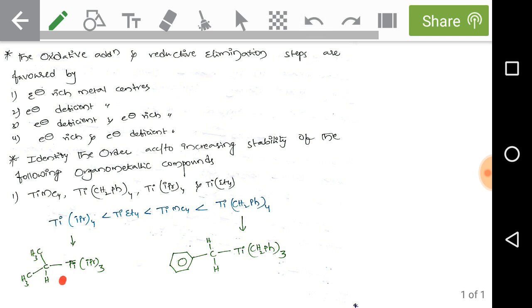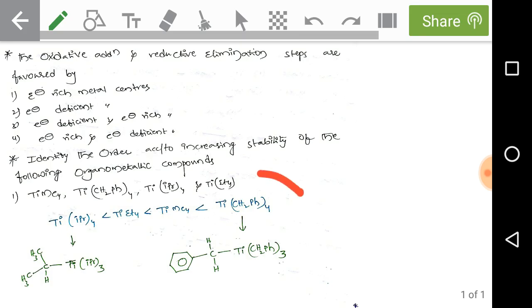So beta hydride elimination, which is very common, is more possible on tetraisopropyl titanium. In that case it is the most unstable organometallic complex here.